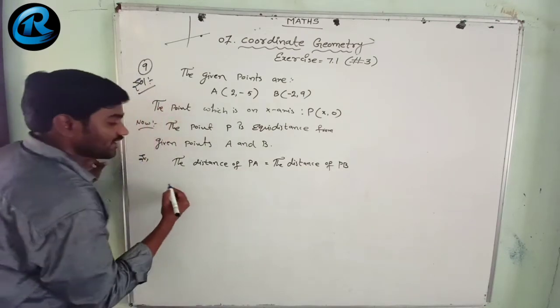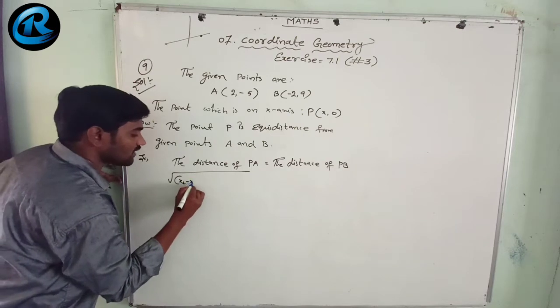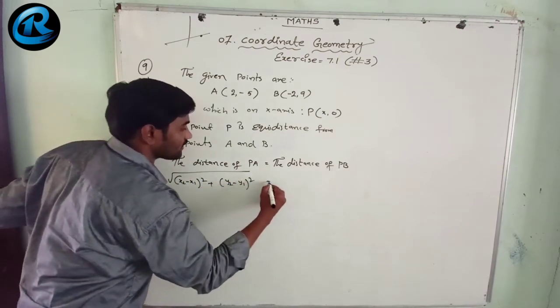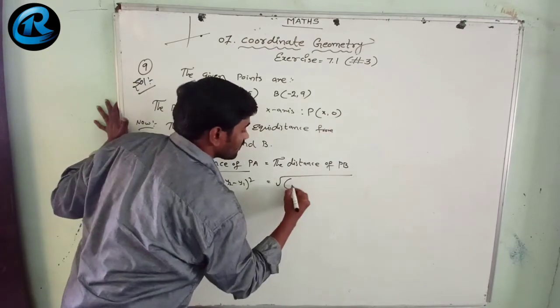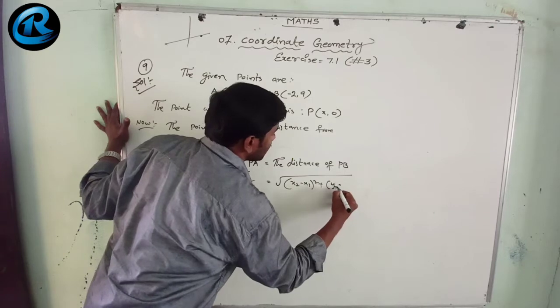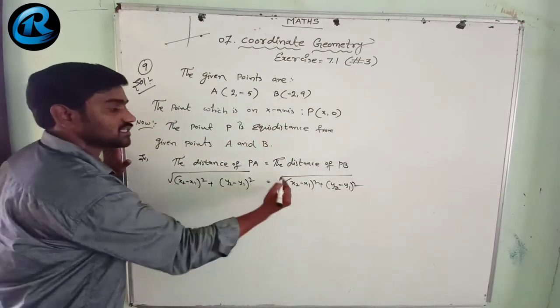The distance formula is under root of x2 minus x1 whole square plus y2 minus y1 whole square, equal to here also under root of x2 minus x1 whole square plus y2 minus y1 whole square. On both sides we will cancel the square roots later.